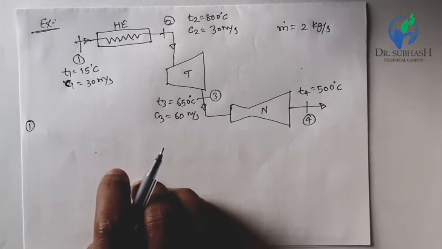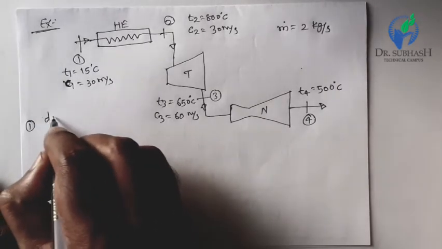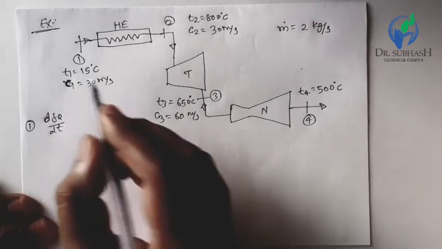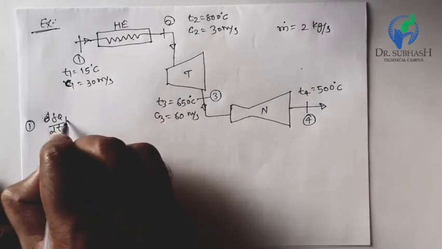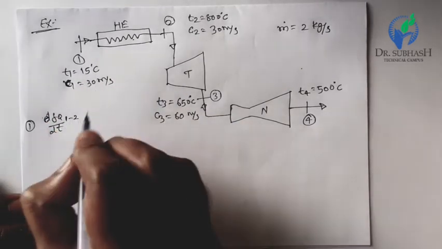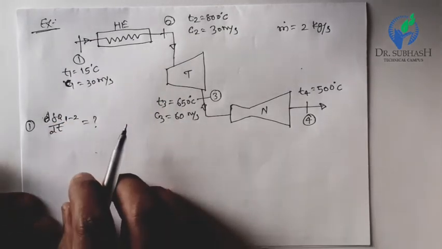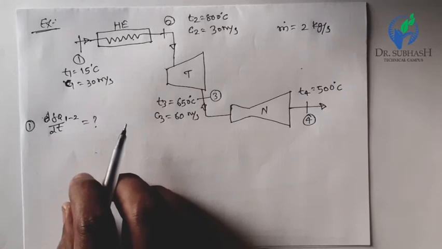Then second, the power output from the turbine assuming no heat loss. So here there is no heat loss, so ultimately we can assume del Q 2 to 3 by dt equal to 0, and here in the turbine we get some power output. So at this moment we are supposed to calculate del Wx, or the shaft work, by dt.